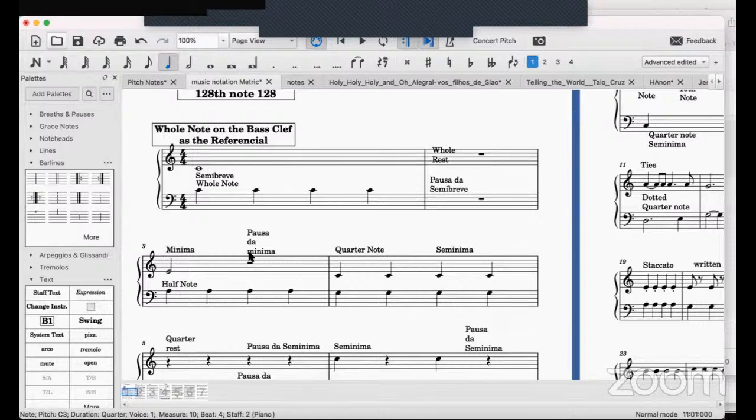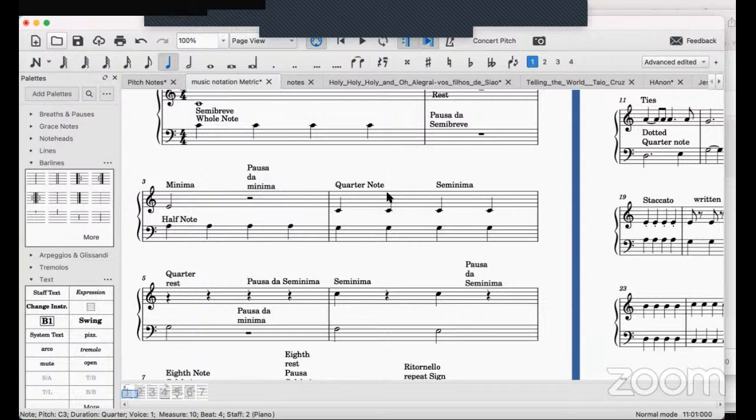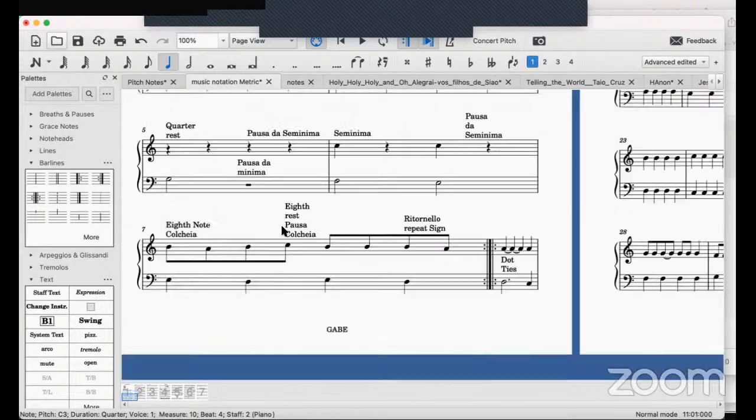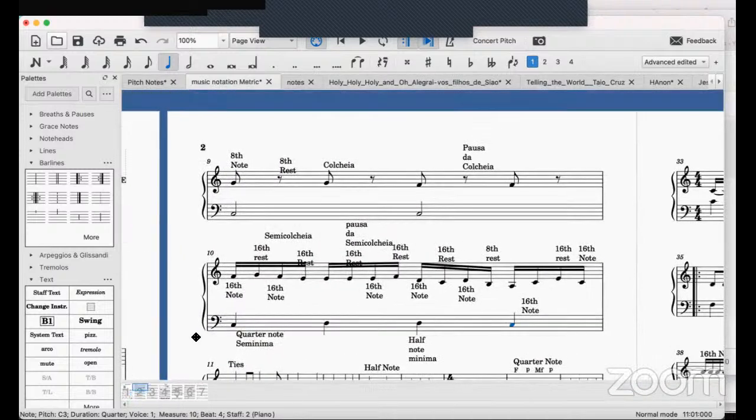Ta, the semibreve or the whole note. Ta, ta, ta. Let's go from here. We are going until the 16th note, okay?